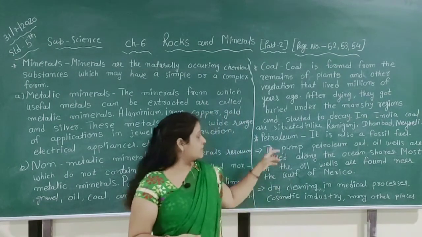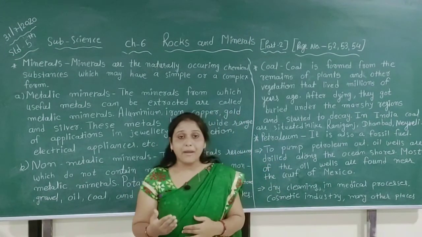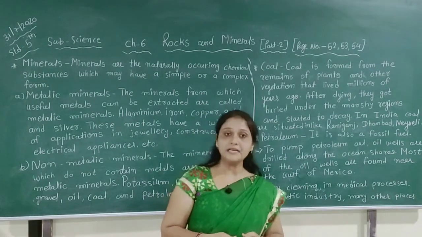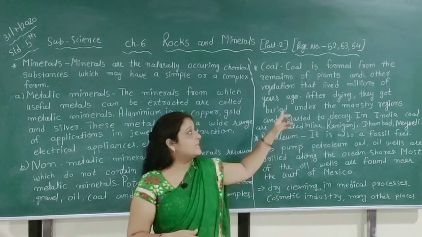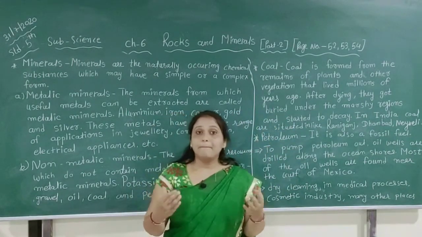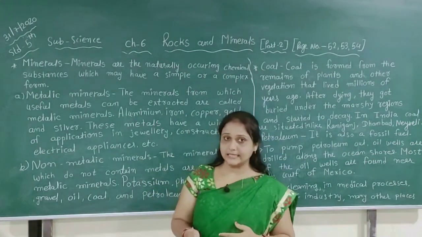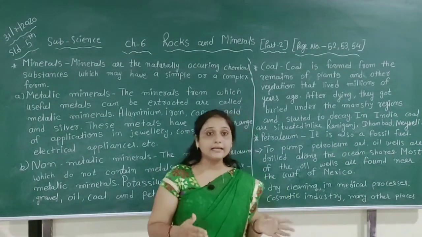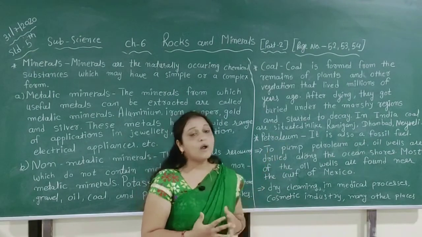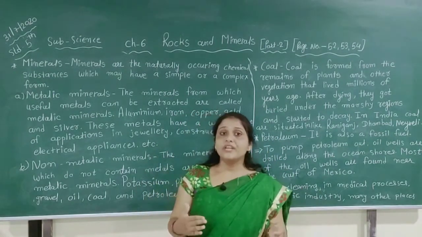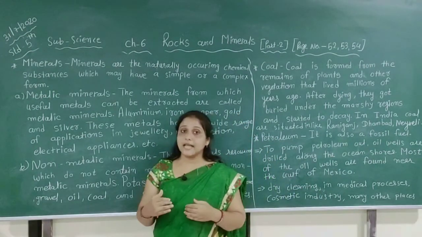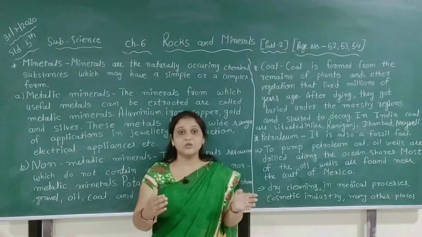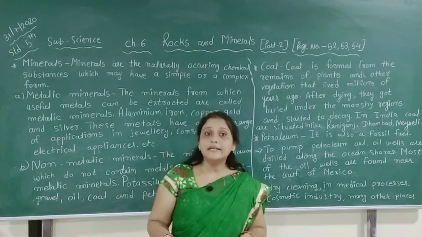Then after, petroleum. Petroleum is also one type of fossil fuel like coal. For example, petrol, diesel, kerosene, etc. are examples of petroleum, a fossil fuel which is useful to us in many ways. For example, to drive vehicles and other things.